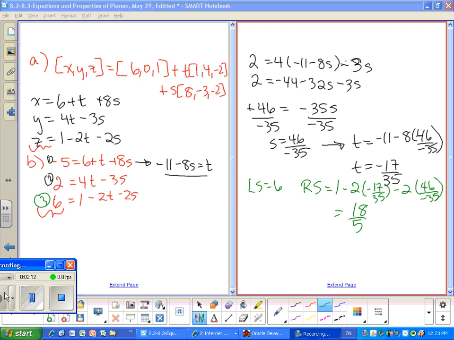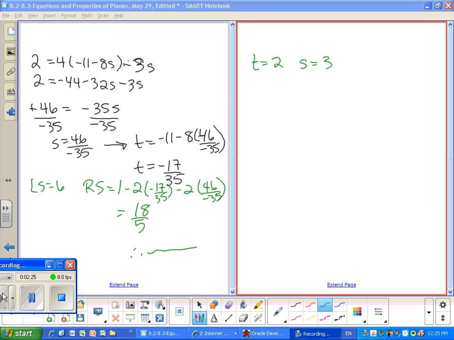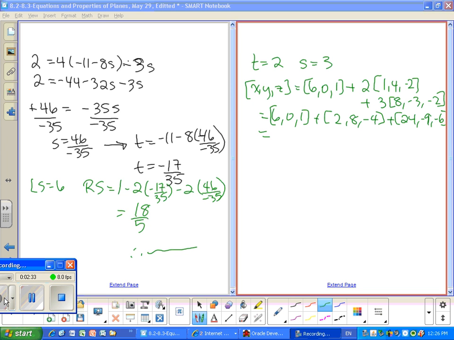So now that you have 18 over 5 on the right side and 6 on the left side, is this point Q on our plane? No. Our left side and right side would have to equal each other in order for the point to exist on that plane. So we just picked t equals 2 and s equals 3. It can be whatever you want. It could be t equals 1 and s equals 1. You get to pick. And if you keep simplifying and you add all the terms together, you end up with this.